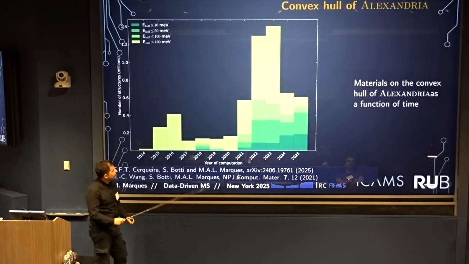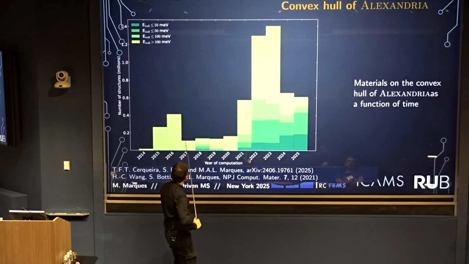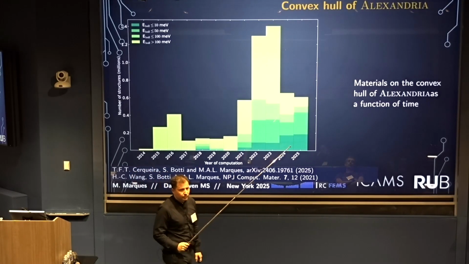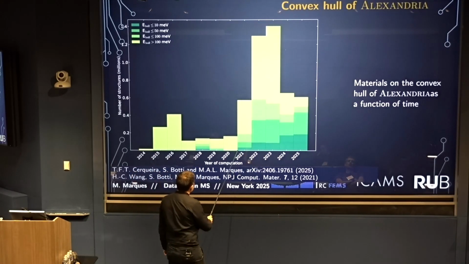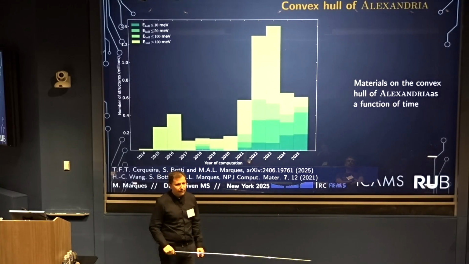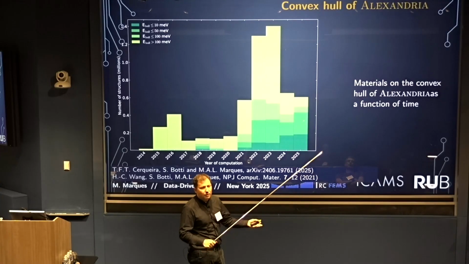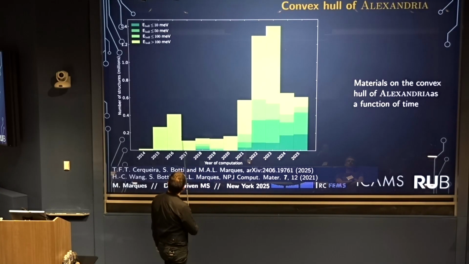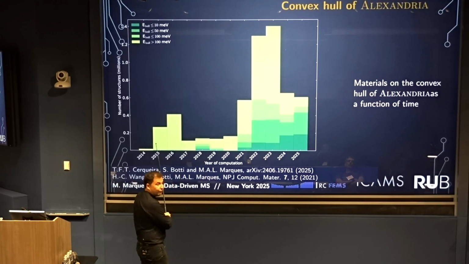For you to see how this is evolving, this is the year, and these are the number of DFT calculations that are added to the database per year. And the dark green ones are the compounds that are close to thermodynamic stability. So these are the good ones, the ones we like. And what you see is that over the years, first there were very few.